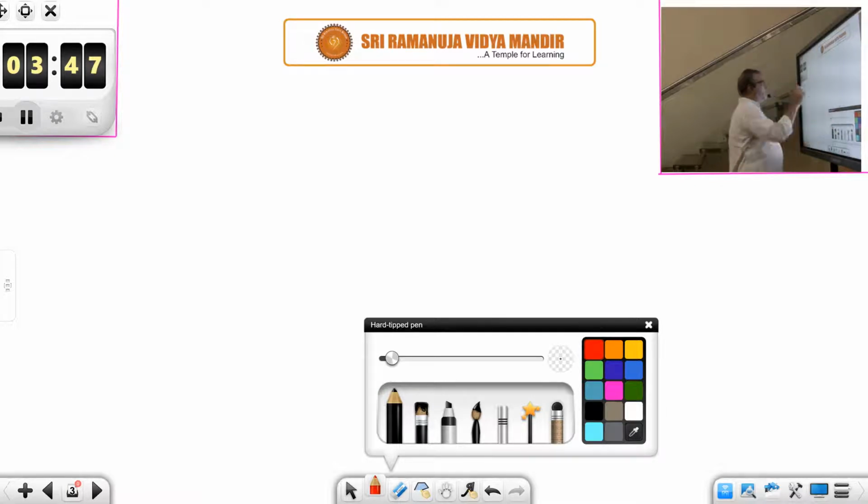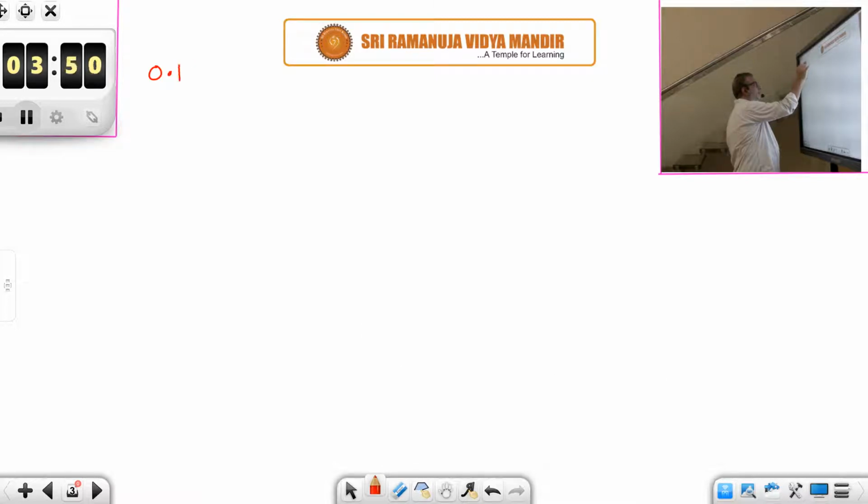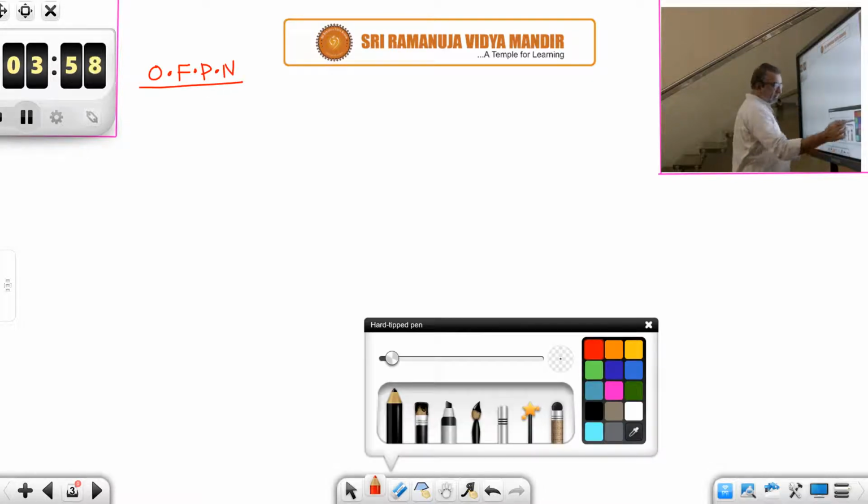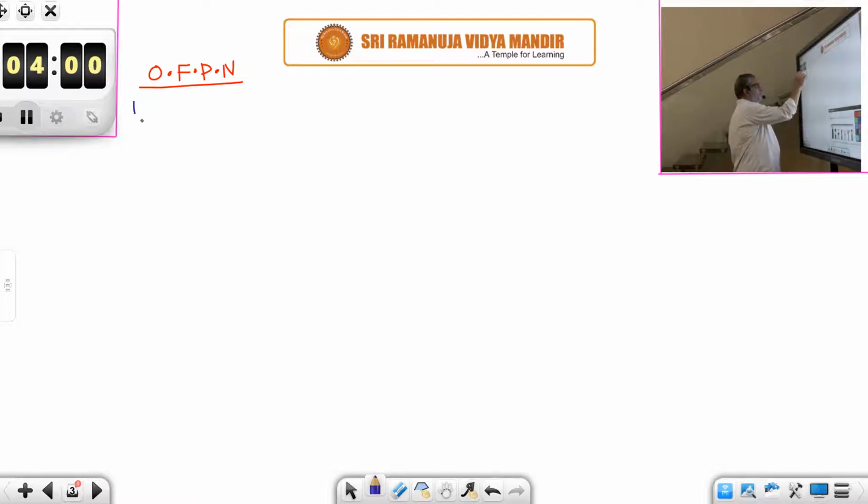What are the four conditions for OFPN? First condition, they must be natural numbers. Second condition, A square plus B square is equal to C square.